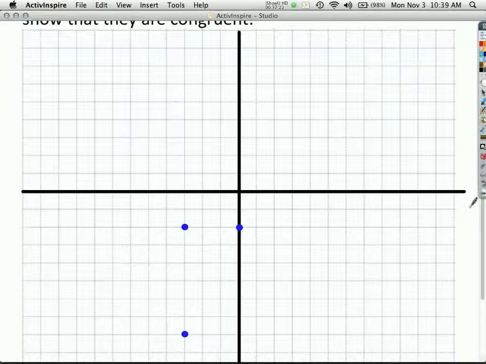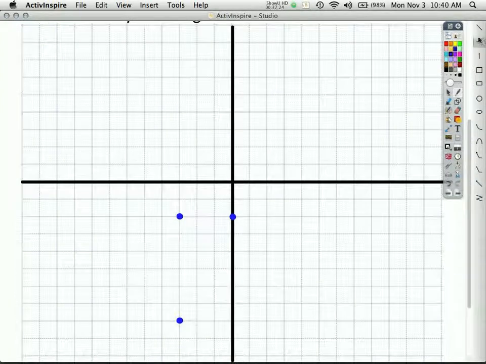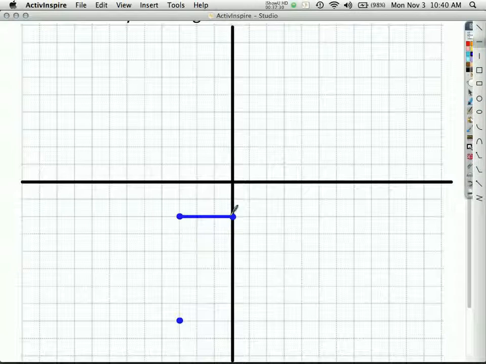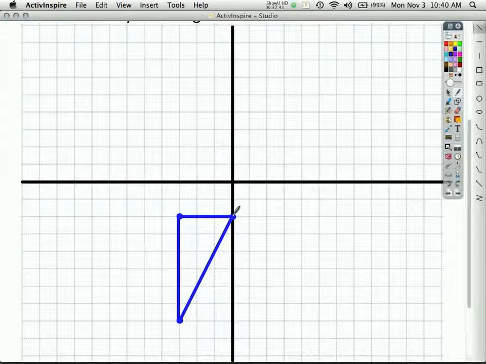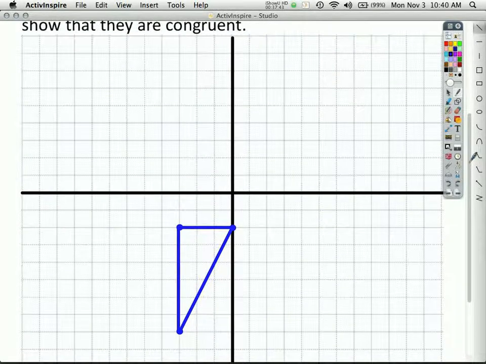And that is going to form a triangle. Any questions about that?